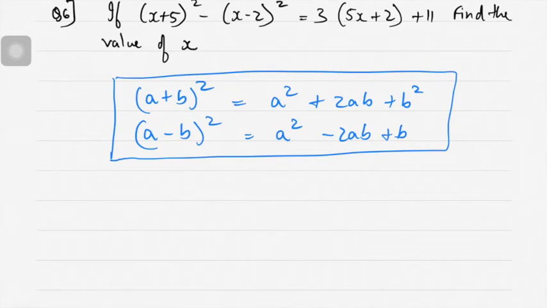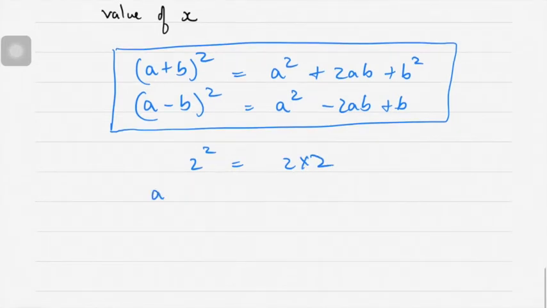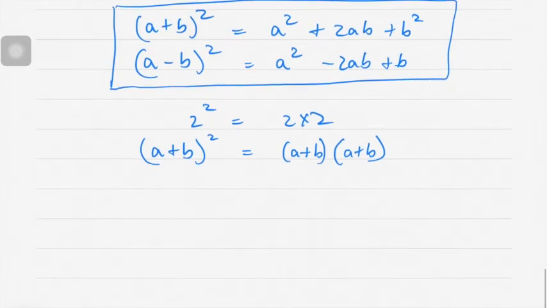So when I write 2 square, that means it is 2 into 2. Correct? Similarly, when I write a plus b the whole square, that means a plus b into a plus b, right? So let's open the bracket now.